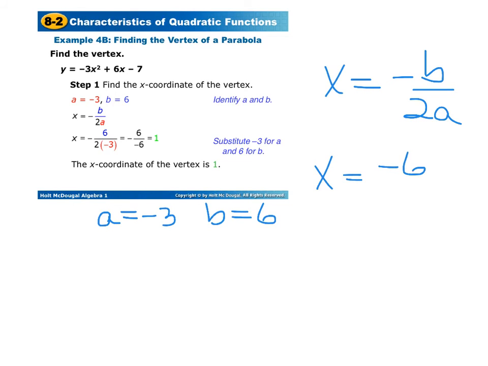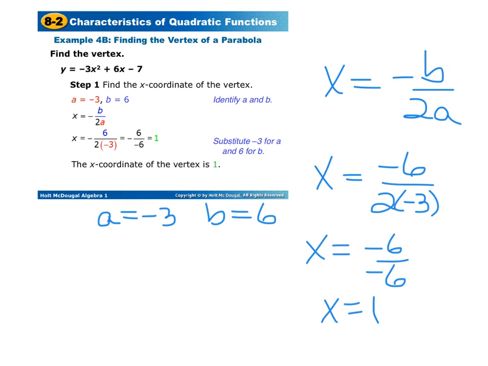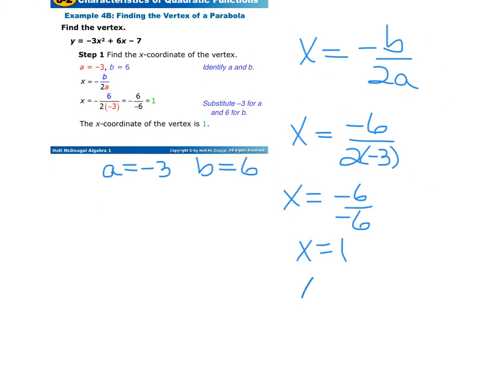So when I put it in here, it's negative 6. And then 2 times negative 3. And I get negative 6 over negative 6. I need to divide this and make it x equals 1. I now have my axis of symmetry.